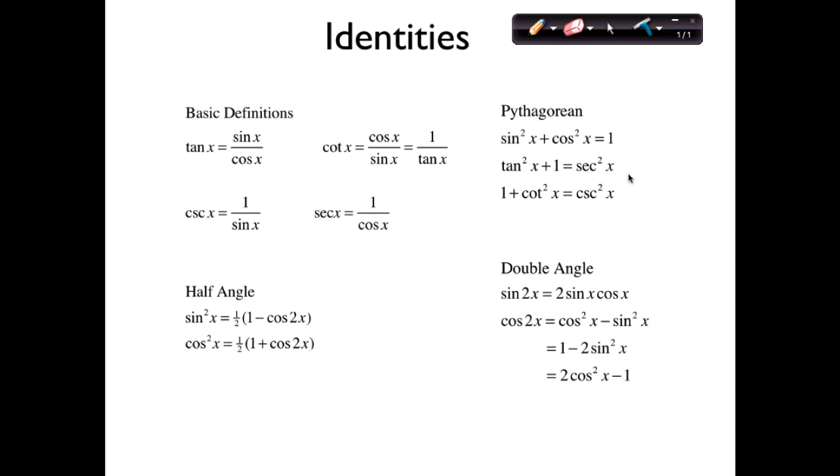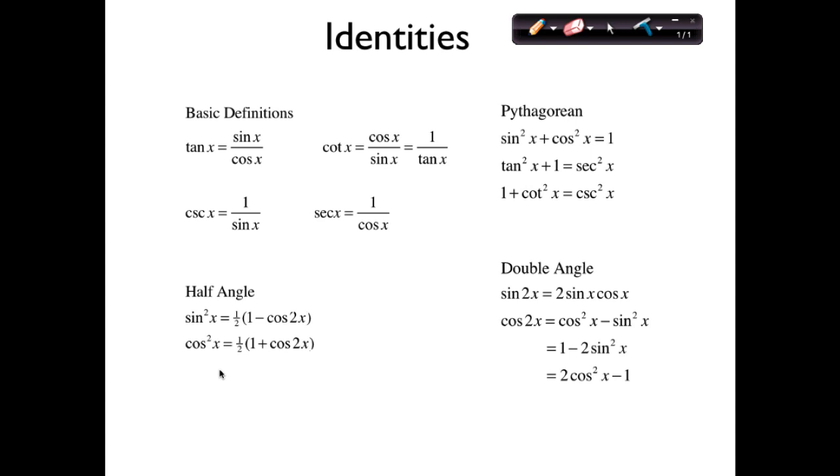Half angle. So this is the half angle identity, but actually kind of rearranged because there's really no half angles here. There's a double angle in there. So it's kind of a rearrangement of the half angle formulas. These are going to be key for the antiderivative of sine squared and the antiderivative of cosine squared.